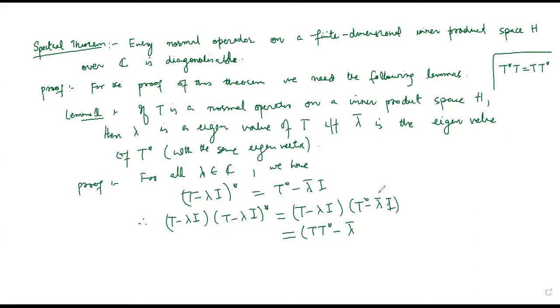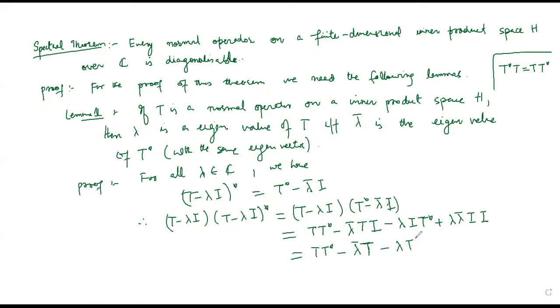So this lambda bar T, ठीक है, lambda bar T into I. Then I would have minus lambda I into T star plus lambda into lambda bar I into I. And ये बराबर होगा T star minus lambda bar into I into T, because T into I is identity, so इससे फर्क नहीं पड़ेगा.